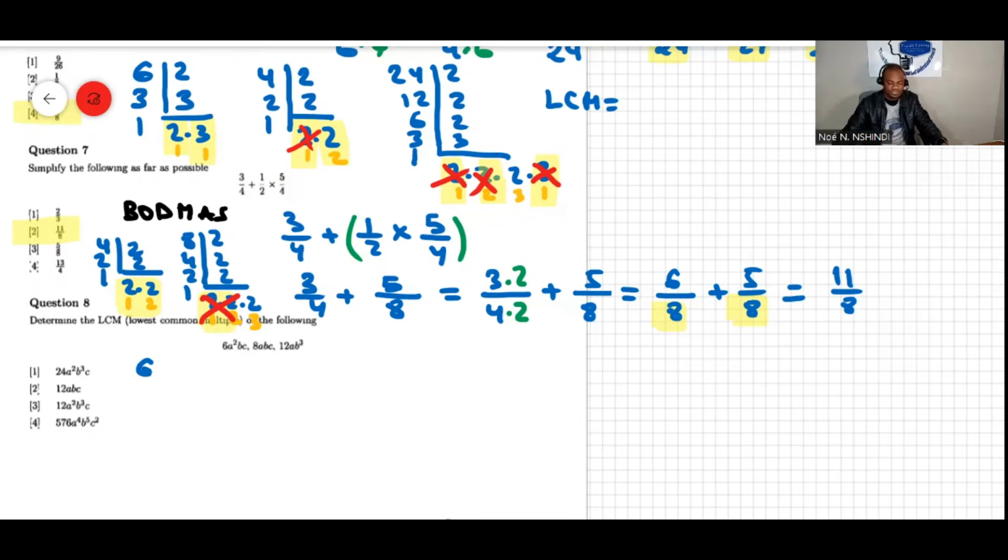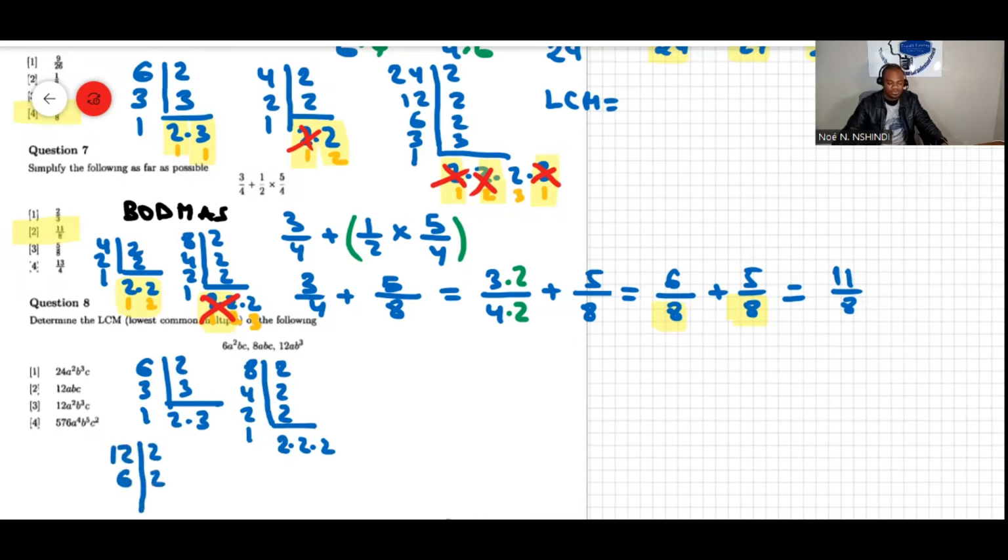Let's do 6 by 2, 3 by 3, 1, and this is equal to 2 times 3. And then for 8, by 2, 4, by 2, 2, by 2, 1, and this is going to be 2 times 2 times 2. And then 12 by 2, 6 by 2, 3 by 3, 1.